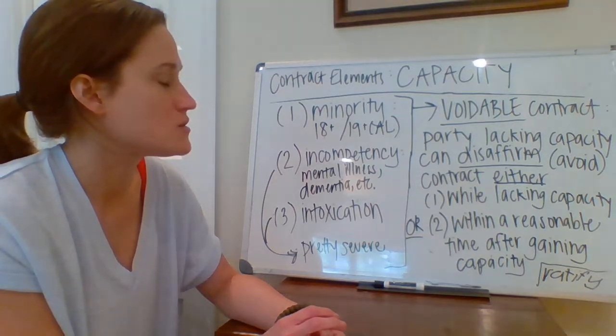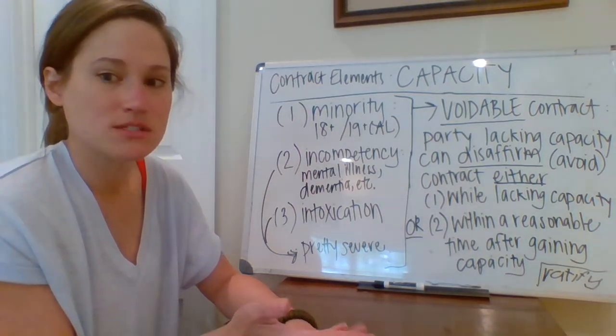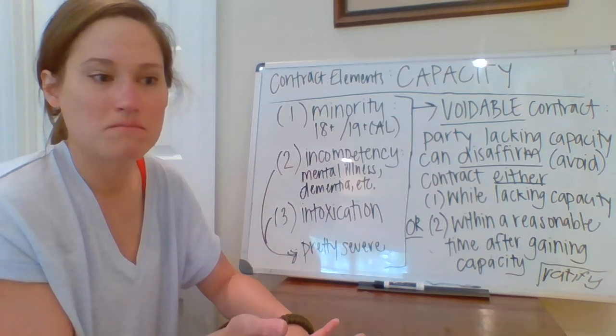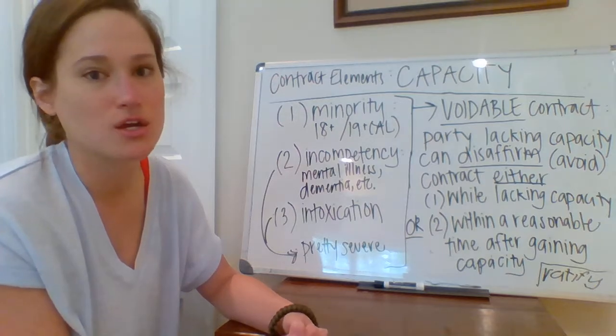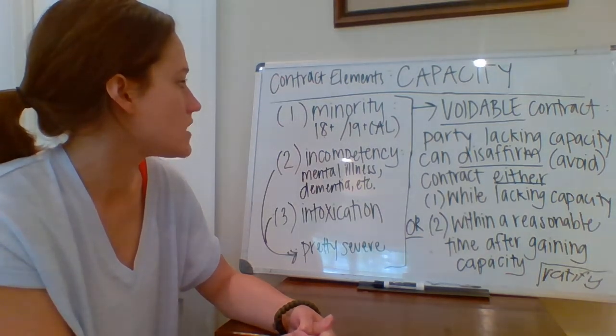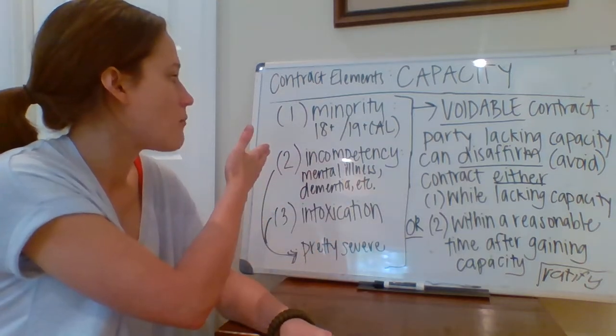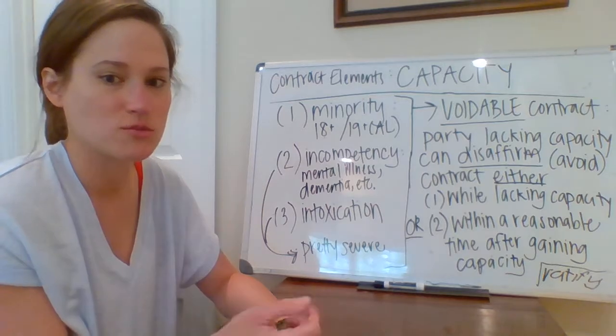But capacity is certainly one that's very important. In a lot of instances, you have a lot of control over it, and that's the good news. It is something that you can avoid if you're being careful, by making sure that anyone you enter into a contract with is of the age of majority.